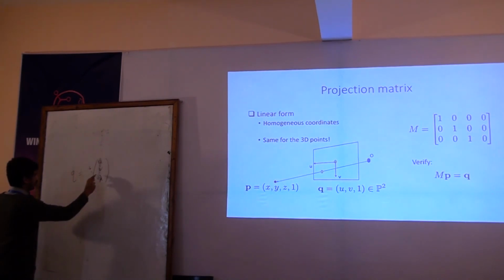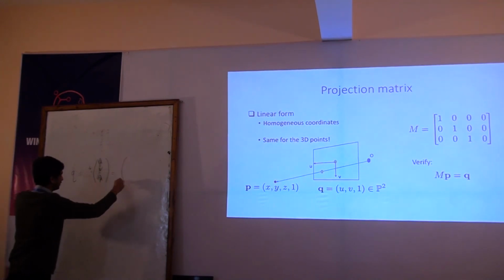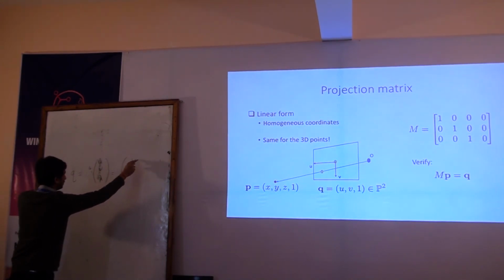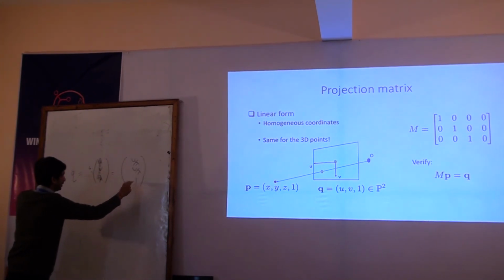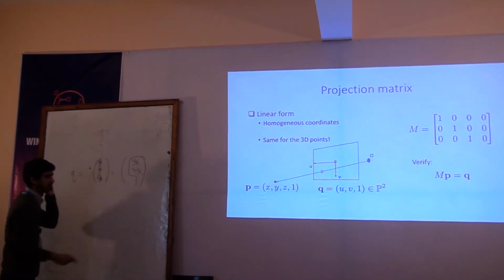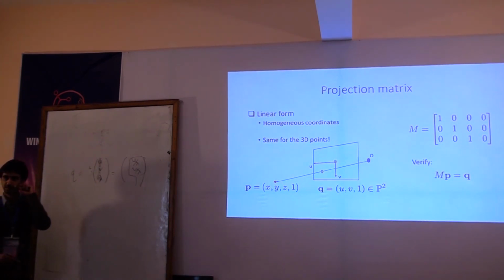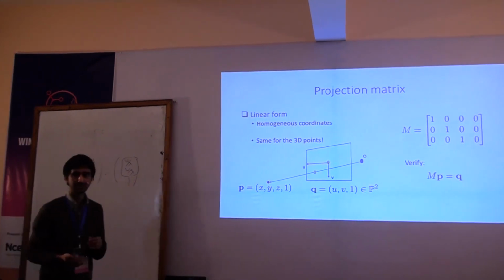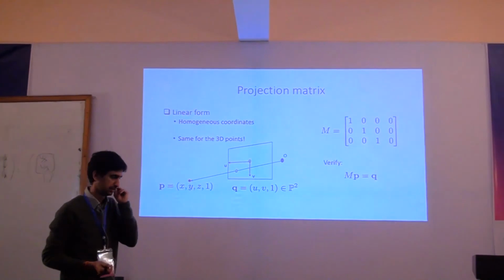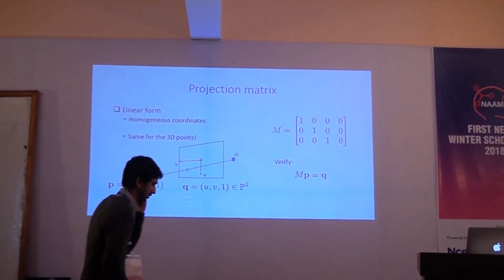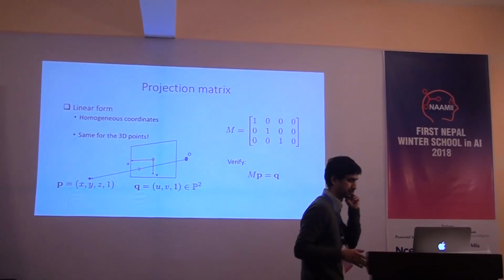But before you extract this, you have to get it into the form (something, something, 1). Then only is this coordinate in Euclidean space. Otherwise, this coordinate is not in Euclidean space. So that's why, to visualize, you have to divide by the last component after projection.